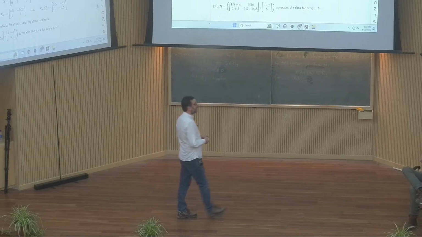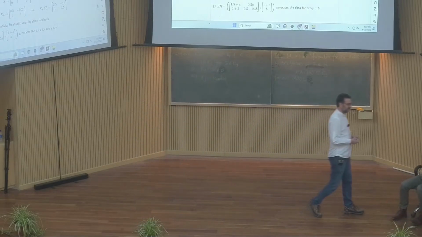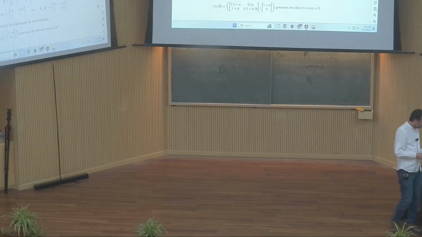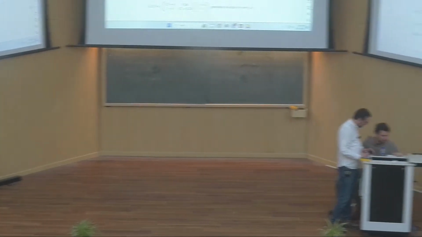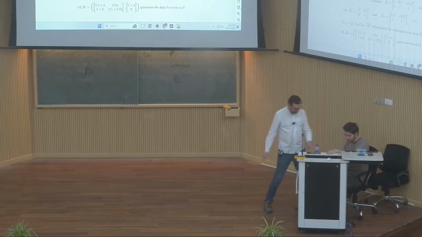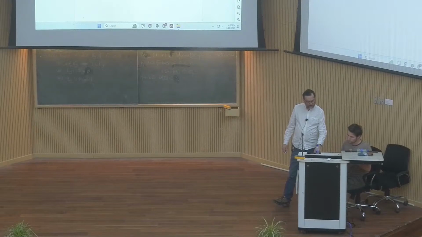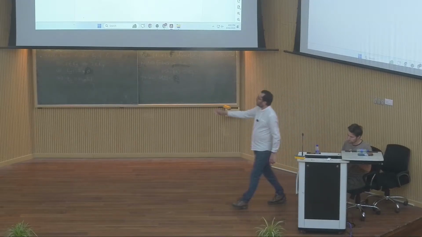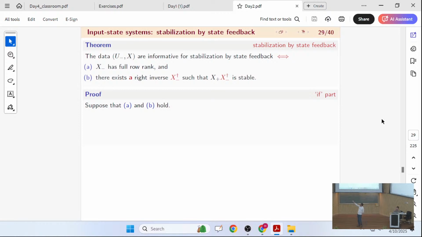Well, if we go back to the slides of the second day, and then to the proof, this was the statement, right? Now I claim that the only thing I need to change is B. Instead of X plus X minus dagger stable, I need to write that the eigenvalues of X plus X minus dagger are in CG.